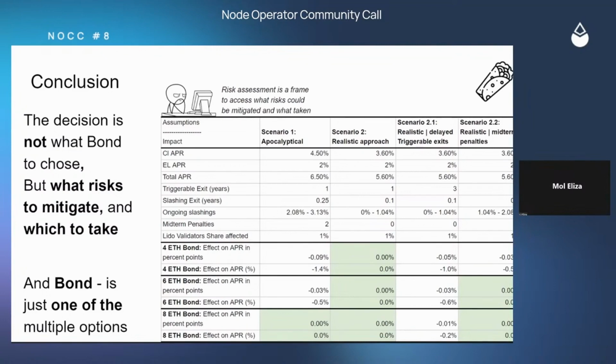And of course, I'll say it again, the bond is just one of the multiple options that could be used to mitigate the risks analyzed within this framework. And thank you. If there are any questions in the chat or somewhere else, I would love to answer them.